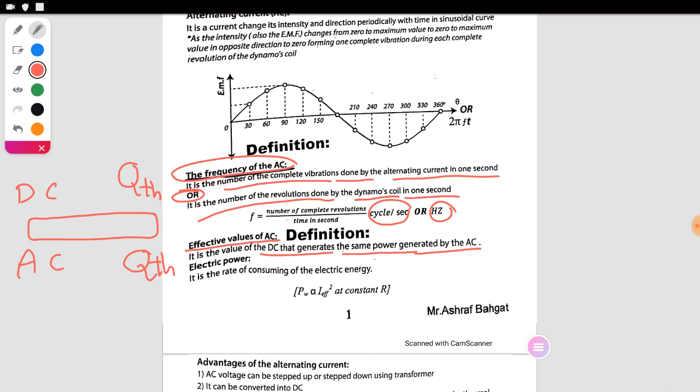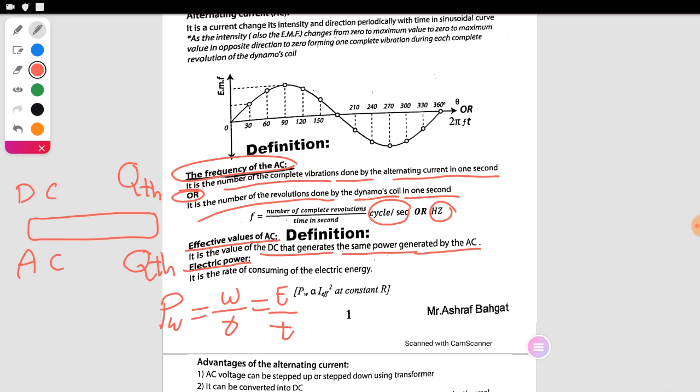There is a third point, which is called electric power. Electric power equals W over T or E over T. It is the work done per unit time, or the rate of doing work, or the rate of consuming energy in 1 second.